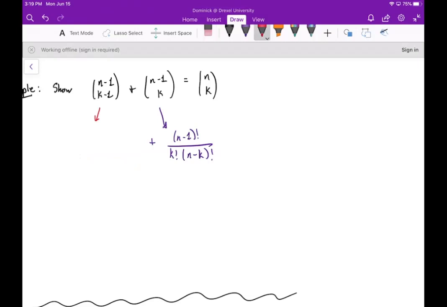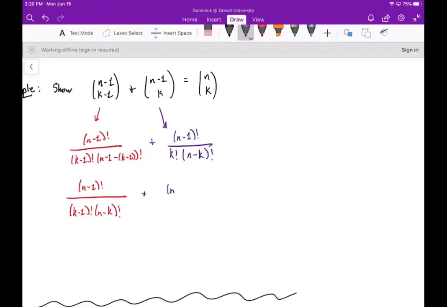Okay, so what this should be is (n minus 1) factorial over a (k minus 1) factorial, and then an (n minus 1 minus (k minus 1)) factorial, which will then make this become (n minus 1) factorial over (k minus 1) factorial. And then my 1's will actually cancel out, and I'll just be left with (n minus k) factorial. And then still this from before.